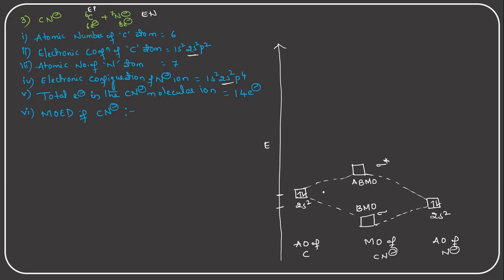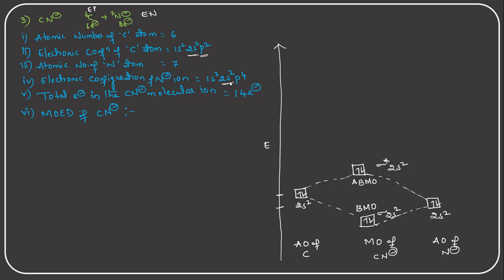The electrons present in these two orbitals also combine and distribute: half of the electrons enter the bonding molecular orbital and half enter the anti-bonding molecular orbital, and this electronic configuration of the molecular orbitals is represented as 2s2, and here also 2s2.